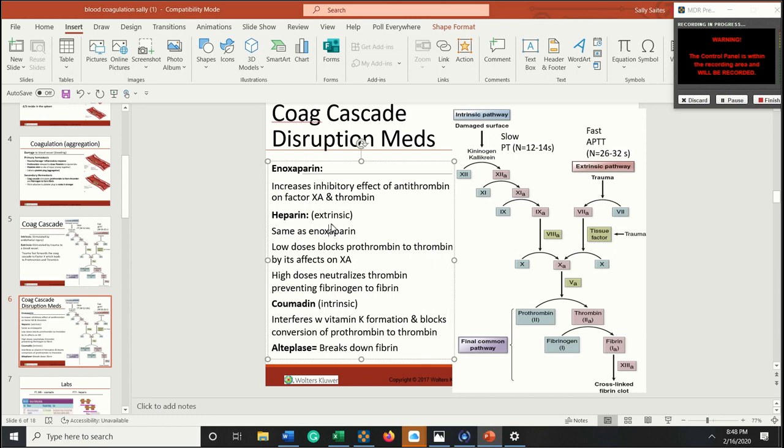So heparin uses the extrinsic pathway. So here is the extrinsic pathway right here, which means it's very fast. Okay, we measure heparin by the PTT or APTT.